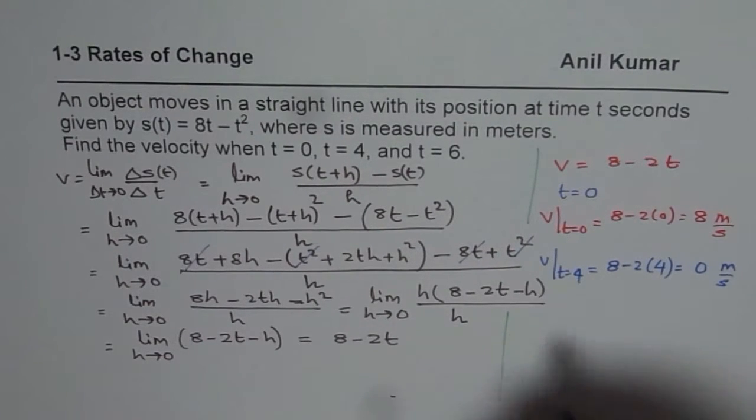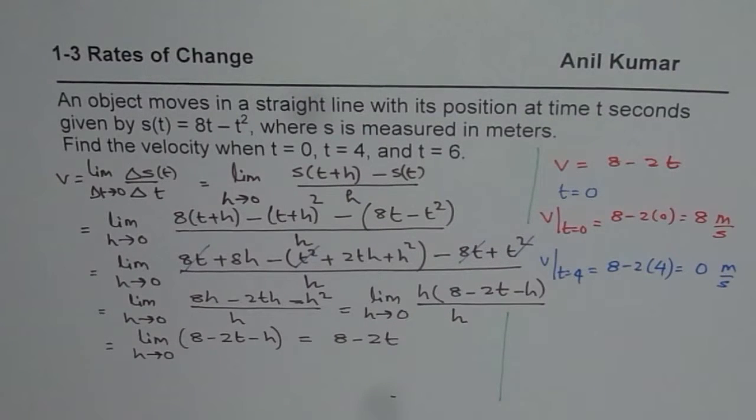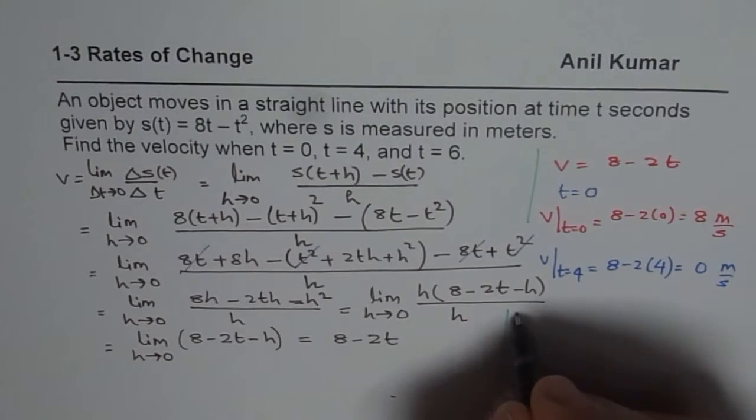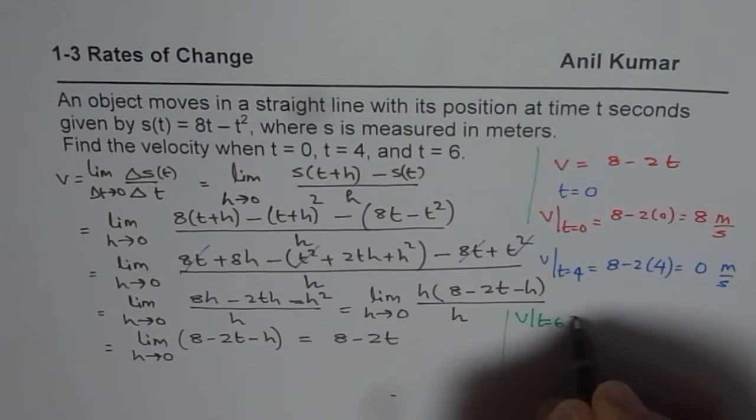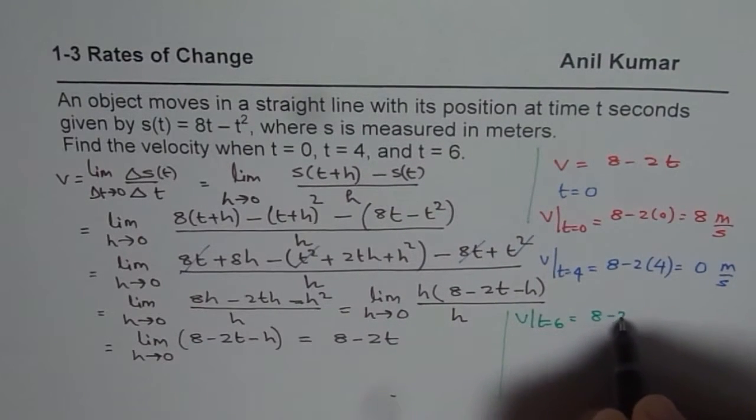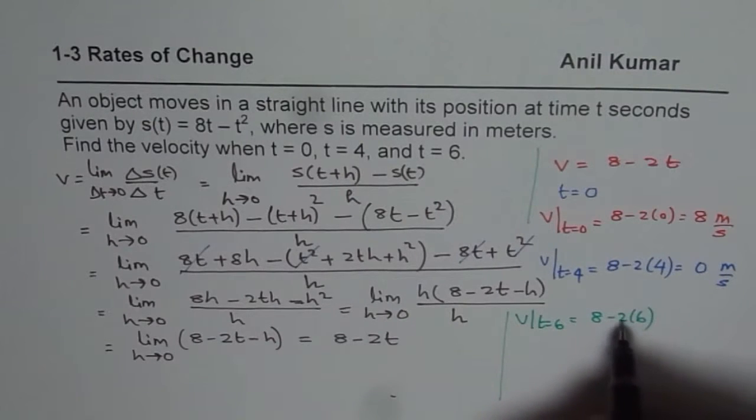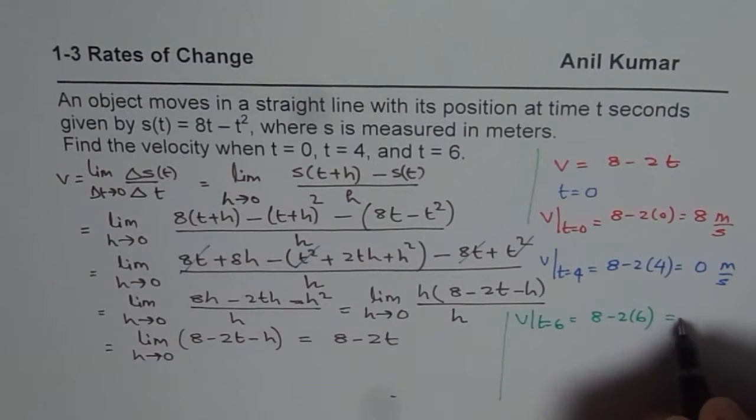Now the third one is calculating velocity at 6. Velocity v at t = 6 equals 8 − 2 times 6. 2 times 6 is 12, so we get −4 meters per second.